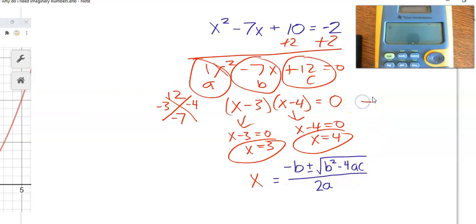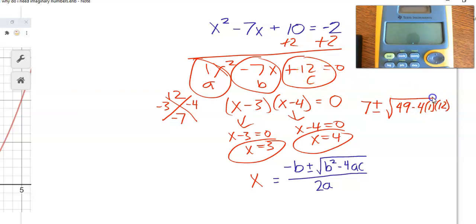That's negative 7, which is really positive 7, plus or minus the square root of b squared, which in this case is negative 7 squared, which is 49, and then I subtract 4 times the value of a, which is 1, times the value of c, which is 12.